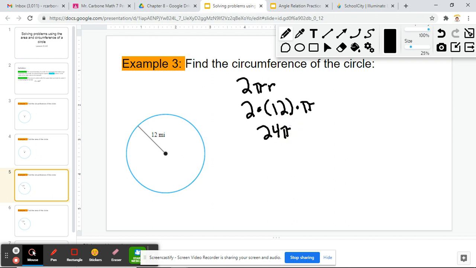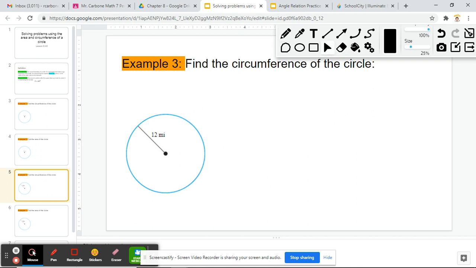Hint, hint, this is in the form of pi times d now because we just multiplied those two numbers together. And then if we multiply 24 times pi, we would get the number 75.398, but I will just round this to 75.40. Yes, 75.40 miles, just miles, not miles squared, because remember, we're only finding the circumference here.